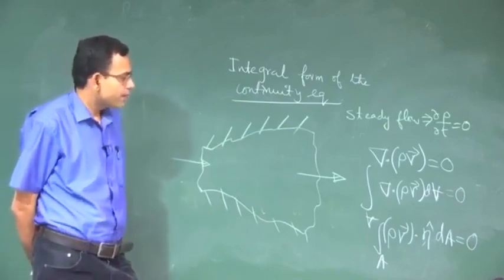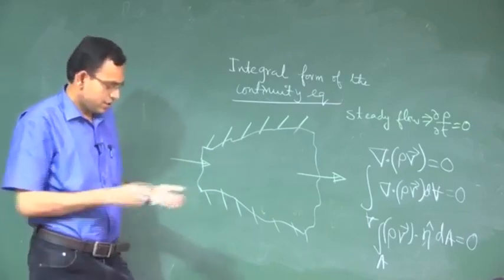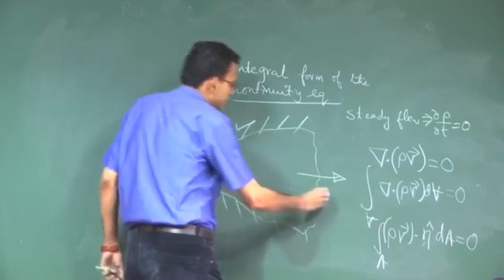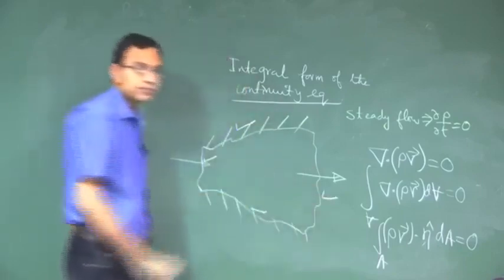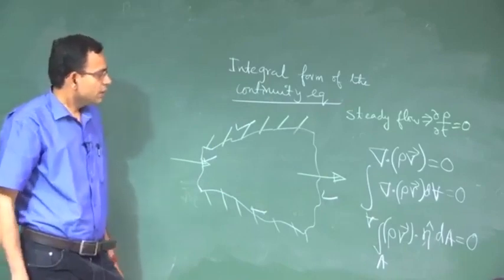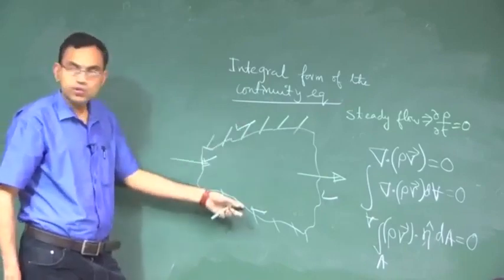With this, that area has 4 parts: this part, this part, this part and this part. Out of these there is no velocity across these two.